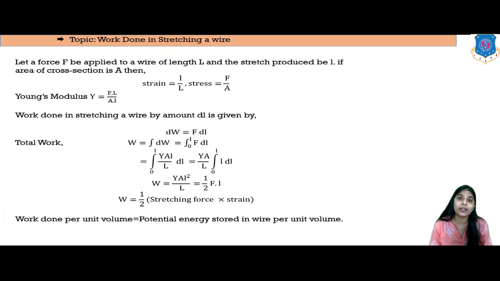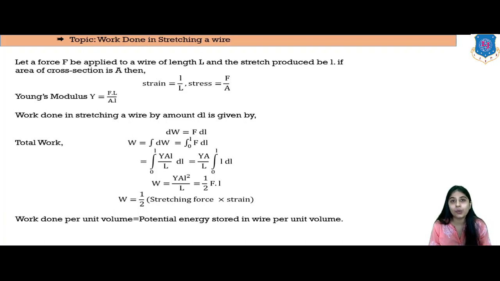Now the integration is with respect to l, so all the other quantities will come out of the integration. We know that the integration of l is l square by 2.